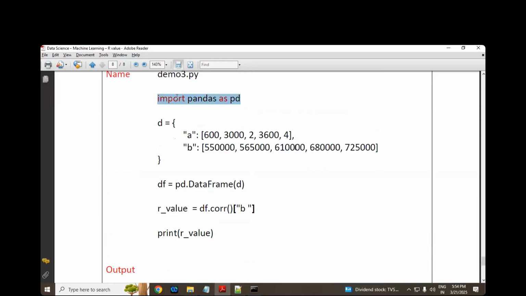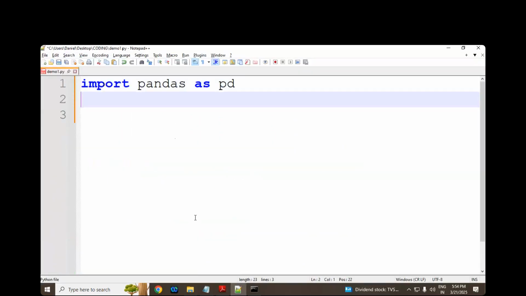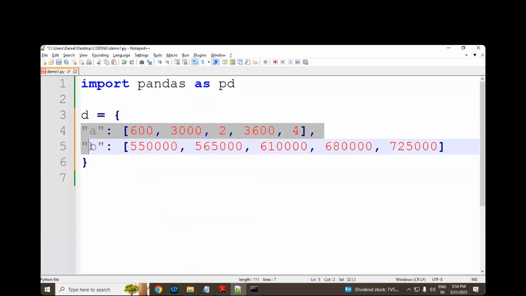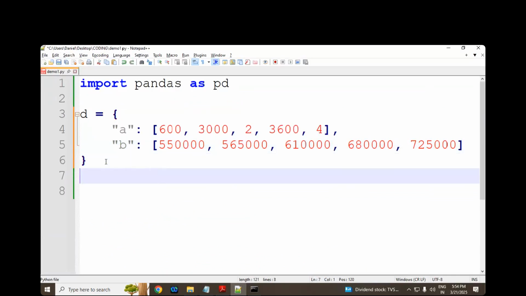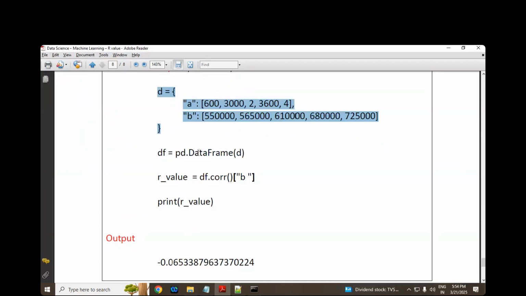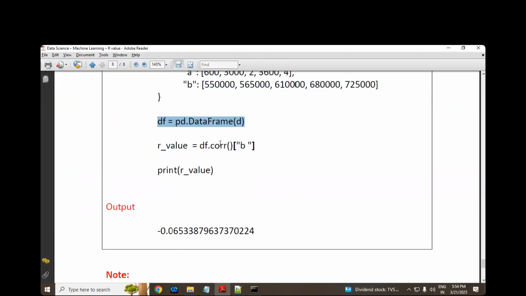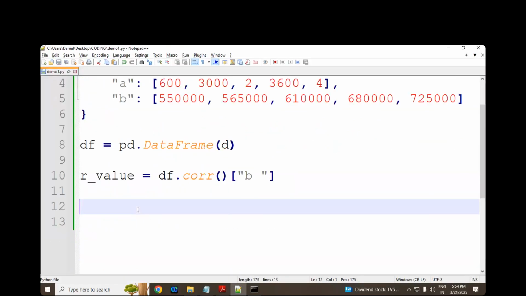First, create a data frame. Look at my screen.